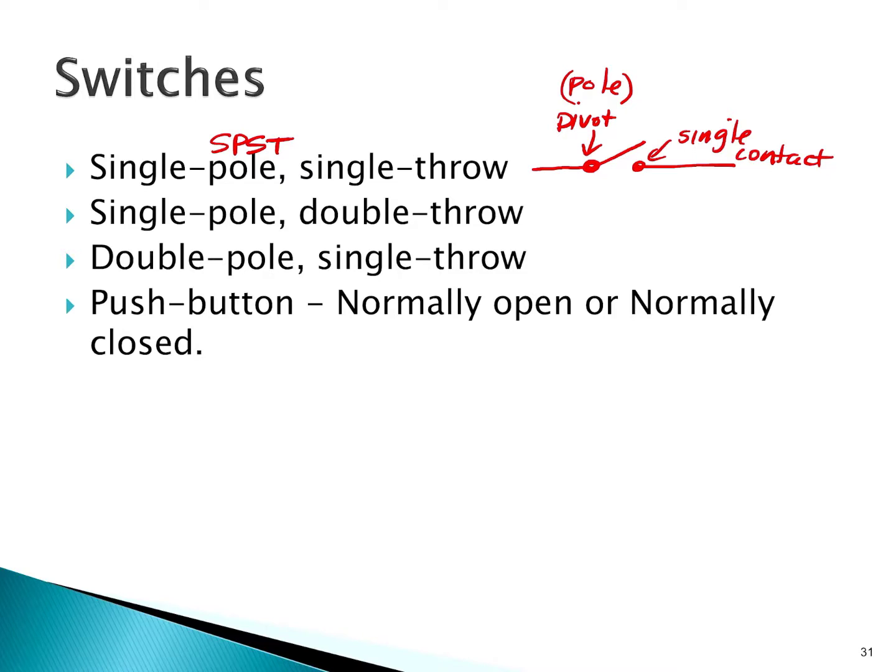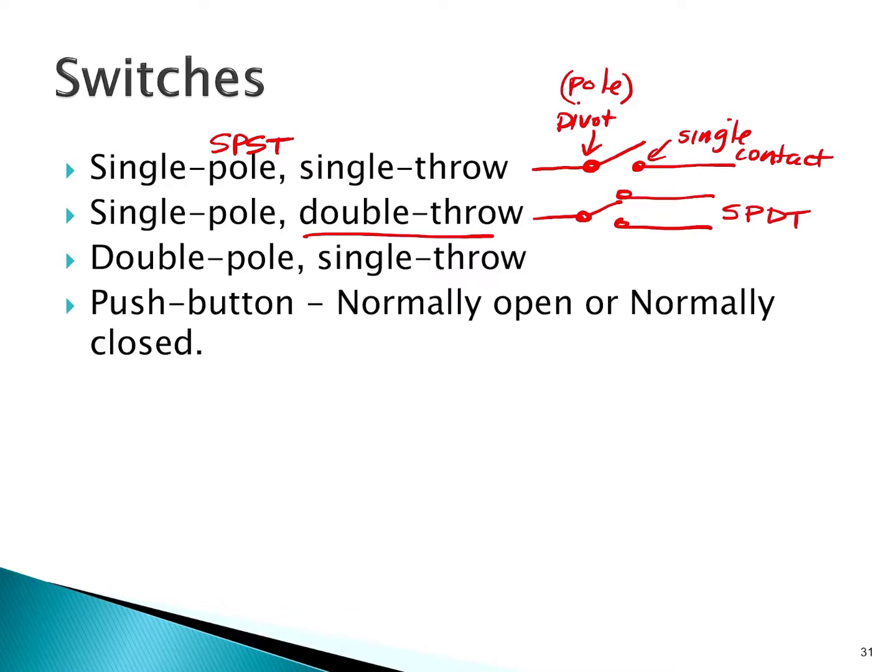If we look at the second one, remember it's a single pivot point, but it has double throw. So the schematic would look like that, and following the same acronym, it would be single pole, double throw.